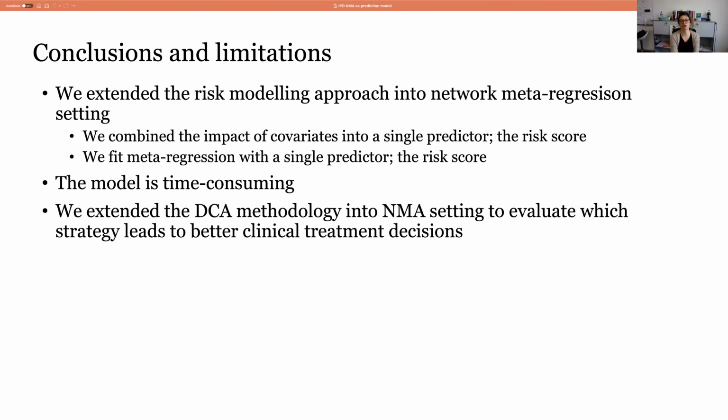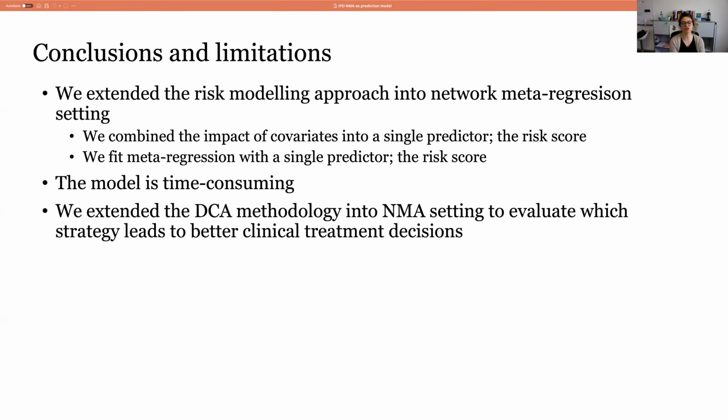And I will conclude with some limitations and take-home messages. We extended the risk modeling approach that has been previously applied in randomized trials into a network meta-regression setting. We combined the impact of covariates into a single predictor, the risk score, and then we fit an IPD network meta-regression with a simple predictor.